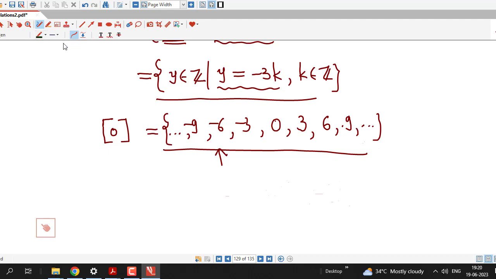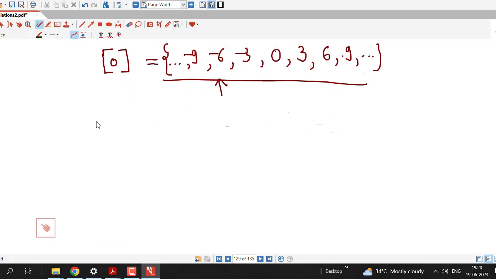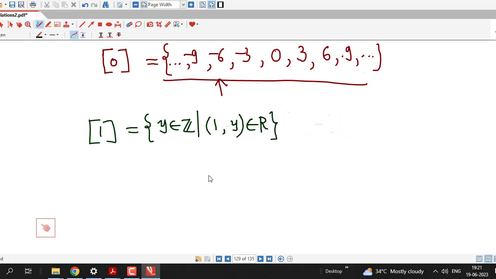So in this way we can find the equivalence class generated by 1 and 2 also. Suppose we consider the equivalence class generated by 1, then I have to write all those integers which are related to 1. So I directly write ordered pair (1, y) belongs to R, where y belongs to Z. The ordered pair (1, y) belongs to R if the difference 1 minus y is divisible by 3.